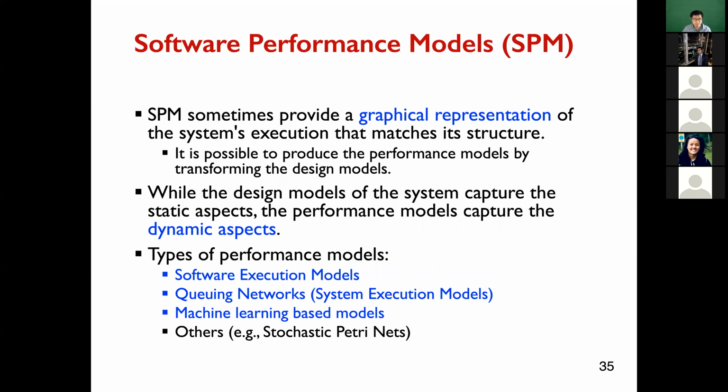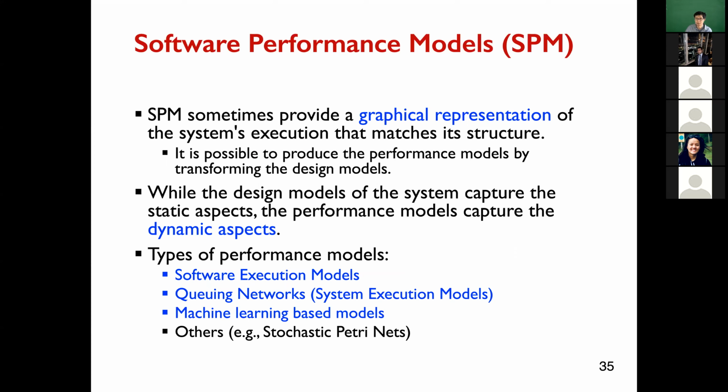Software performance models sometimes can provide a graphic representation of the system. It is possible that we derive our performance models from our design models, such as UML models, architecture, and sequence diagrams. Design models of the system capture the static aspects, but performance models capture the dynamic aspects.